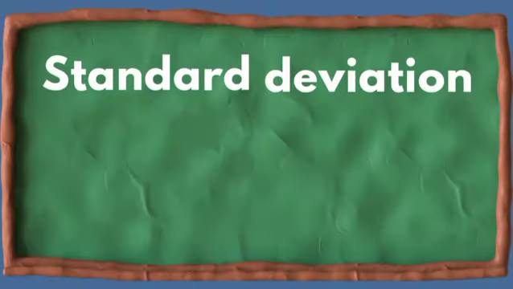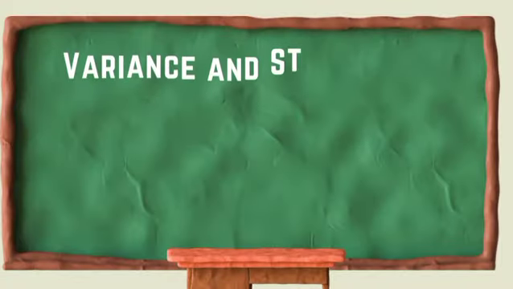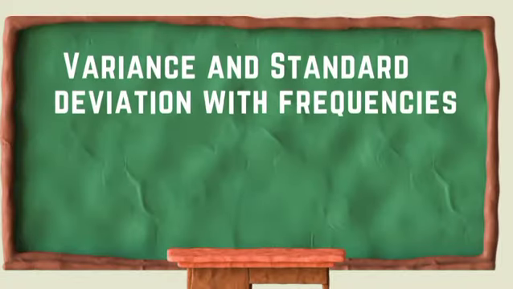And the formula for the variance is summation x minus x bar squared over n. That is for the variance. While for the standard deviation, it is the square root of summation x minus x bar squared over n.